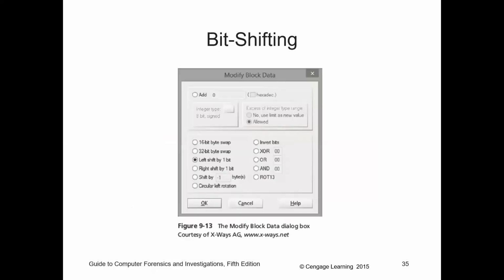And this tool here is trying to show us how they do some of these modifications of the block data using X-Ways AG, from xway.net. For data hiding, we shall use one of the free tools, that is XIAO.